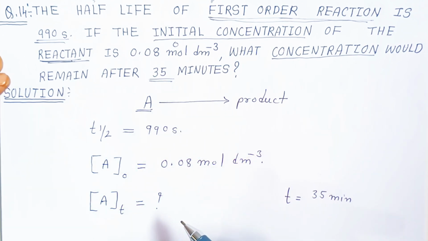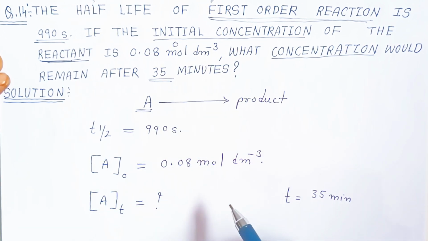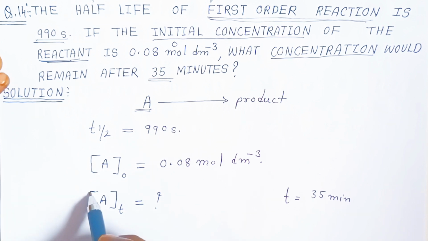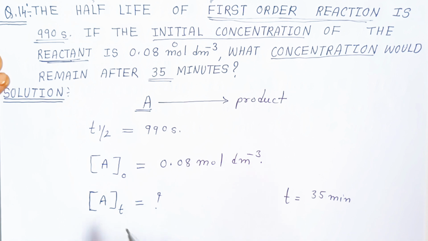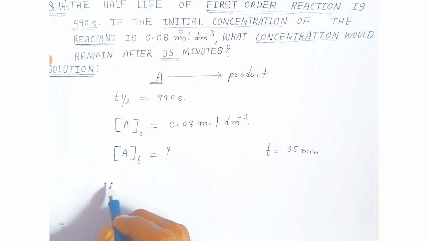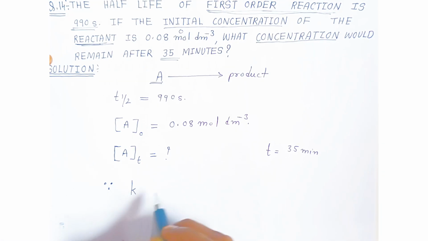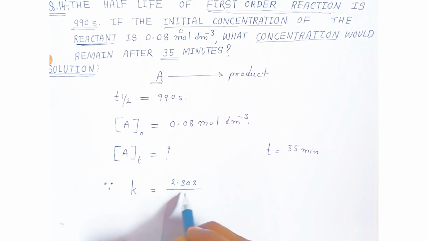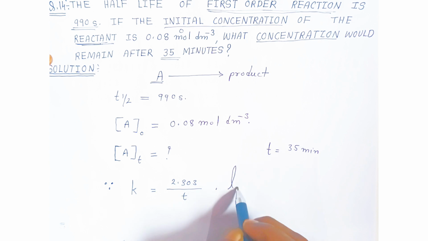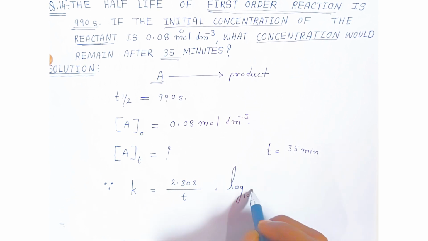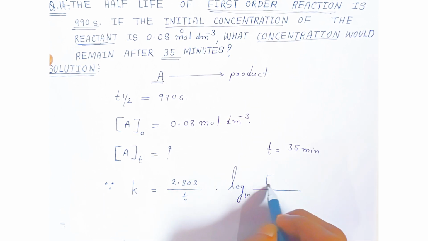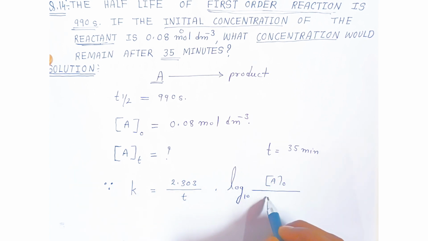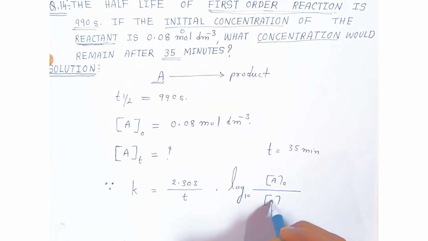Now students, you should know the relation, the formula in which you are going to find the concentration of A at time t. You already know that rate constant K is equal to 2.303 upon t into log of base 10 of initial concentration of A upon concentration of A at time t.